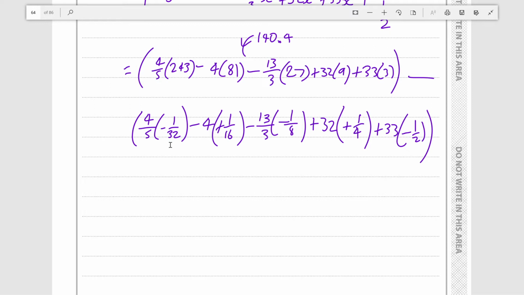And finally, plus 33 times negative 1 over 2. So that would be minus 33 over 2. And that brings us to minus 247 over 30, or 8.23 recurring, but let's just put it in fractional form.